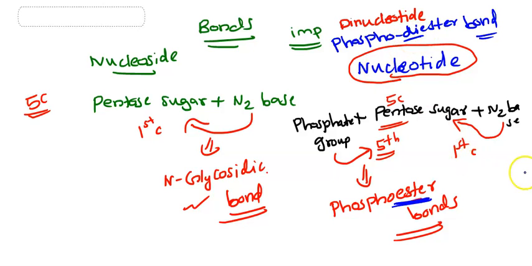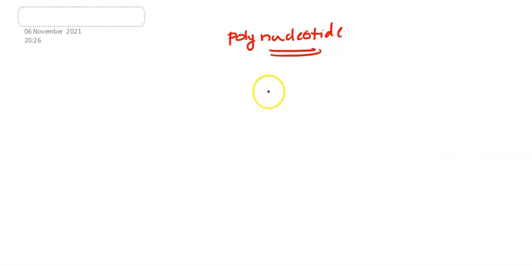Okay. Next, you just consider a polynucleotide chain like this. If you are taking a polynucleotide chain, at one end you can see a phosphate group.